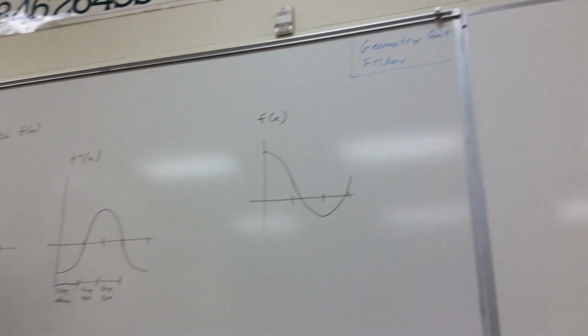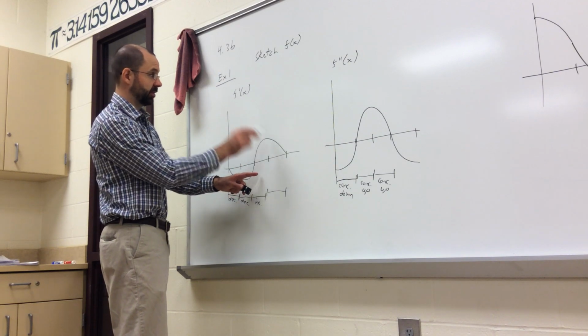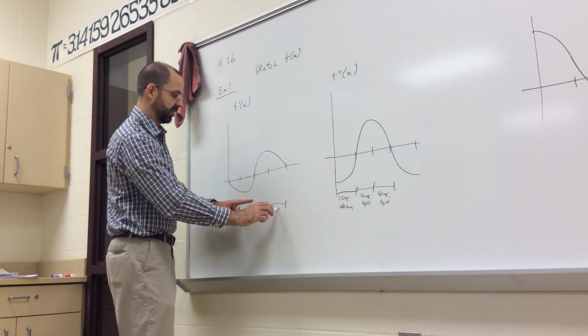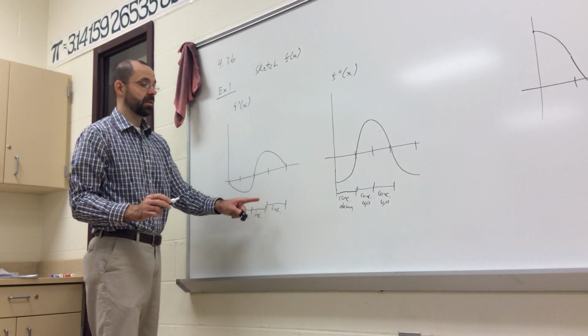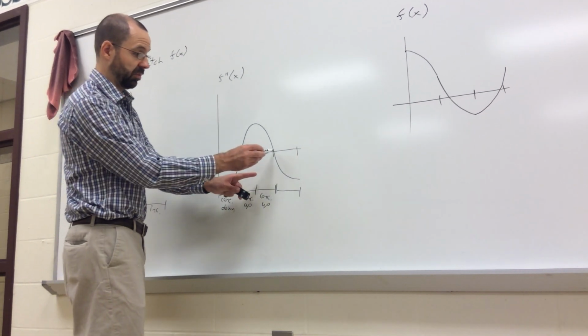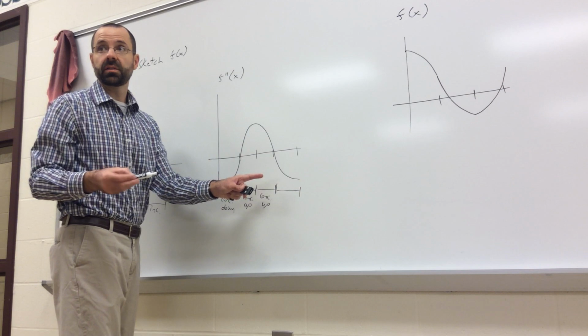And then finally, from 3 to 4, this graph, meaning f prime, is positive, so f is increasing. And from 3 to 4 here, f double prime is negative, because this graph is below the x-axis.